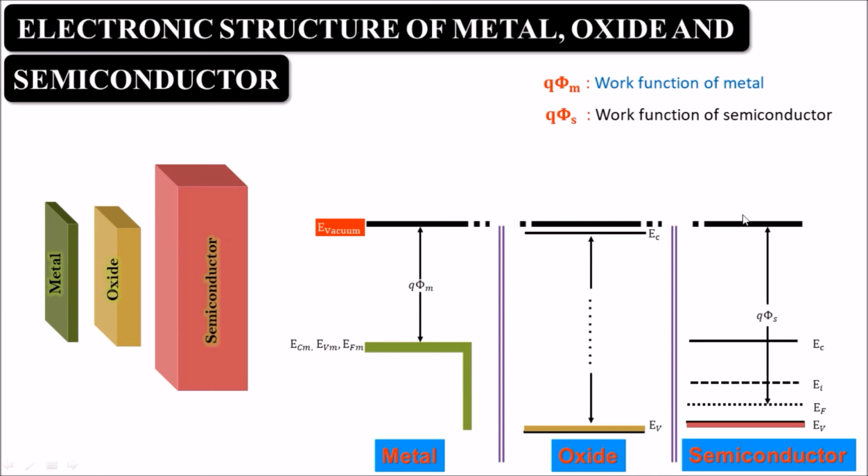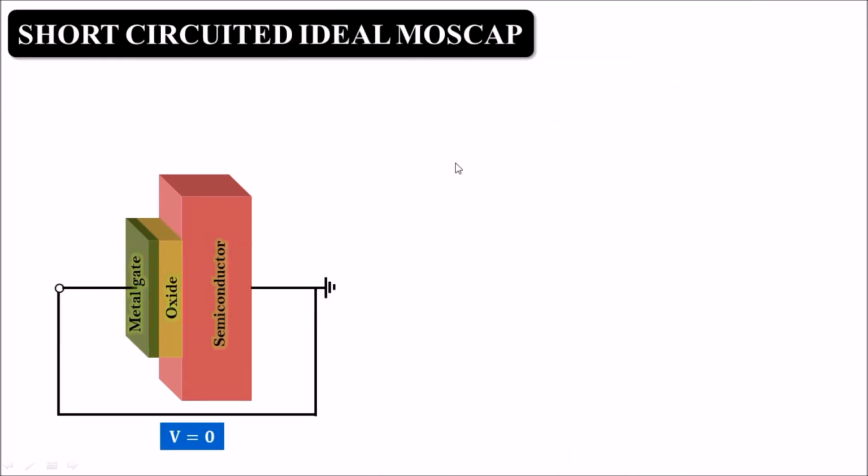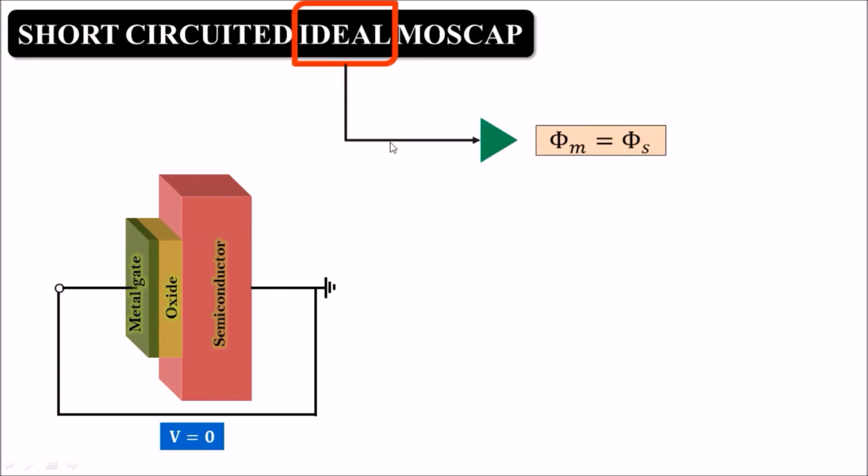Now we will see what happens when we apply zero voltage, meaning when we short circuit this capacitor. We have used the word ideal for the MOS capacitor, and in this ideal condition the work functions of the metal and semiconductor will be at the same level, and this we can see in its energy band diagram.